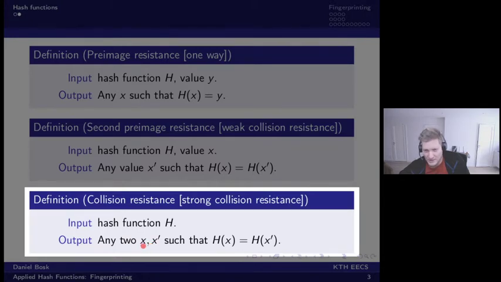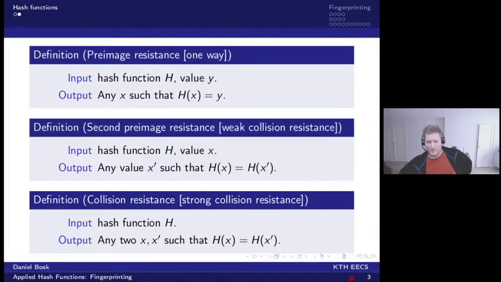So two distinct values x and x prime, such that H of x is equal to H of x prime. And if this problem is very hard, then we say that the function H is collision resistant, or strongly collision resistant, depending on the terminology used. So these are the three properties that we want from a hash function.